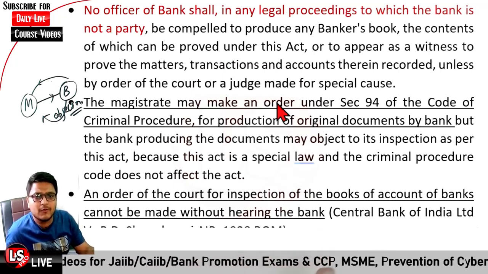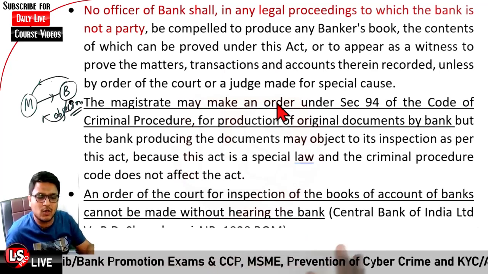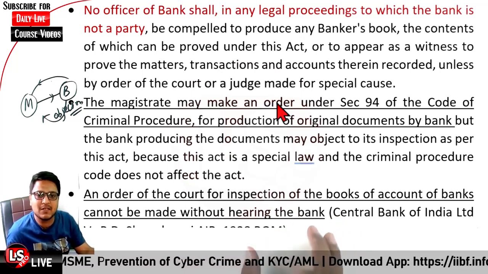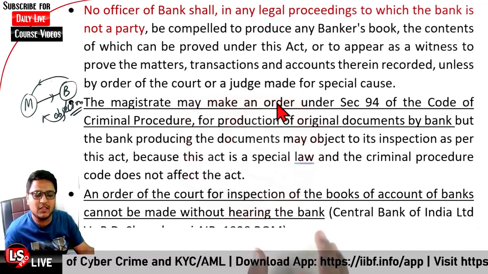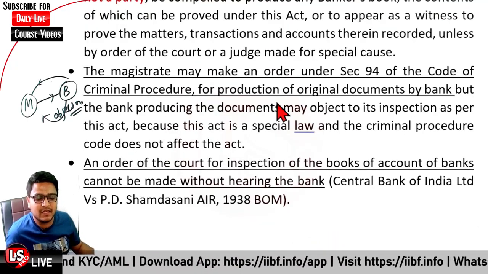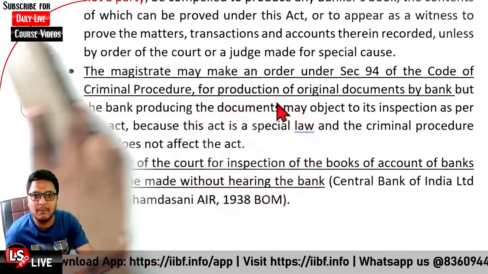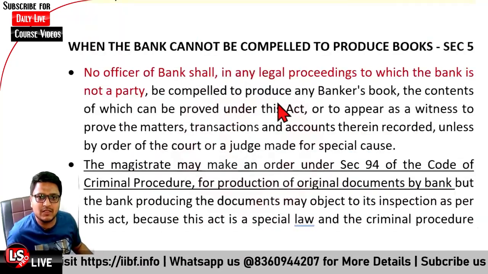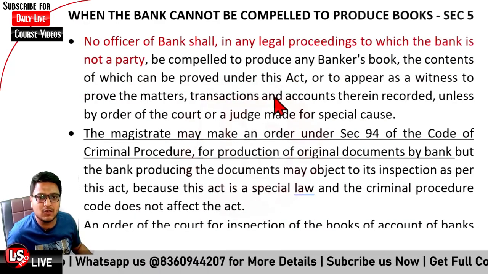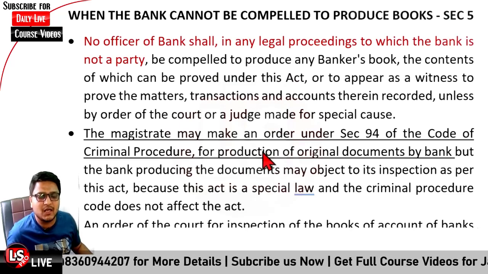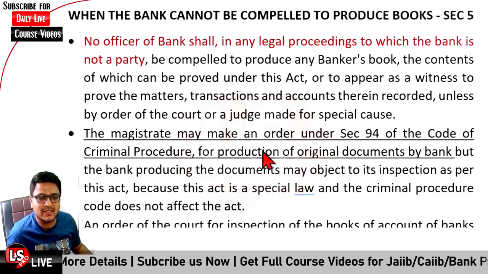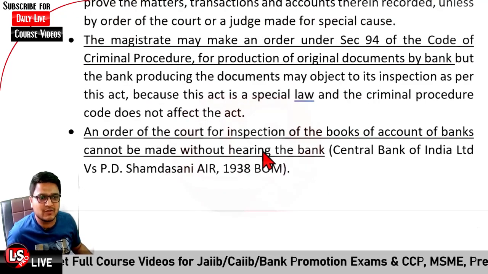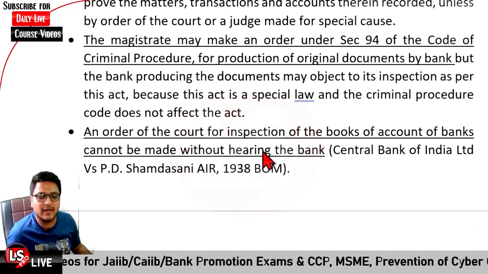If it is done so, the bank is not compelled to follow the orders. So these were the three conditions: first, where the bank is not a party; second, where the magistrate has ordered production of the original documents, in which case the bank can object; and third, that an order of the court for inspection of the books of accounts cannot be made without hearing the bank.